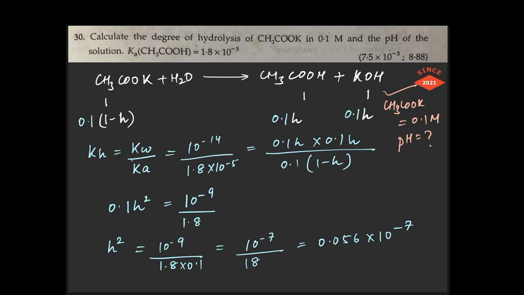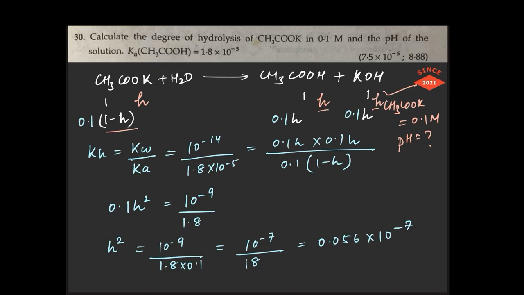If the degree of hydrolysis is h, then h moles of potassium acetate will hydrolyze to give h moles of acetic acid and h moles of potassium hydroxide. So the amount of potassium acetate remaining will be 1 minus h, the amount of acetic acid formed will be h, and the amount of KOH formed will also be h.